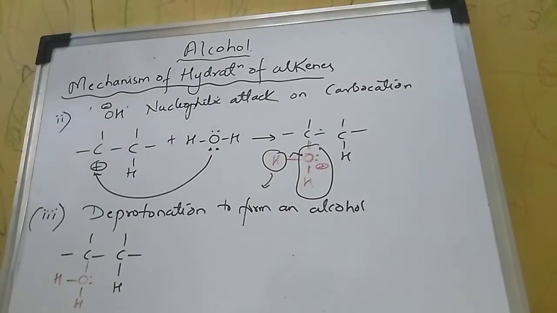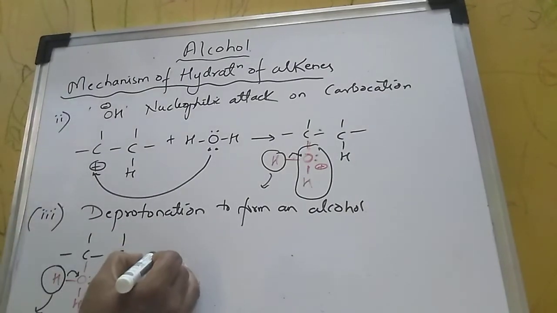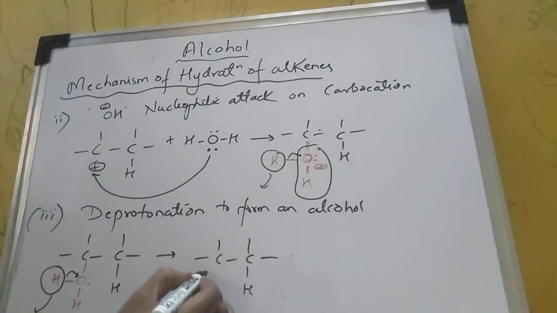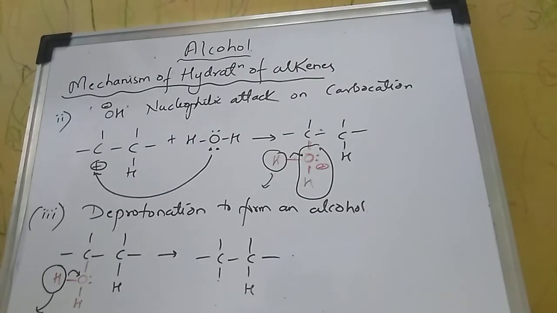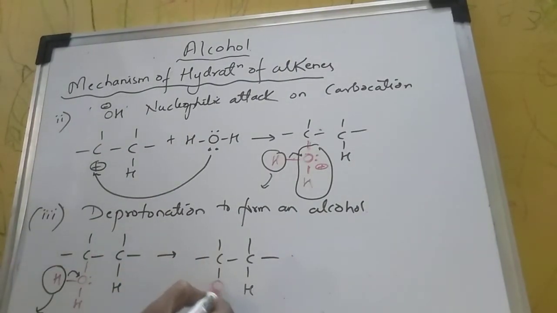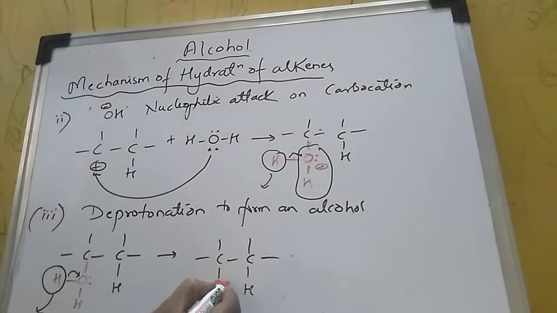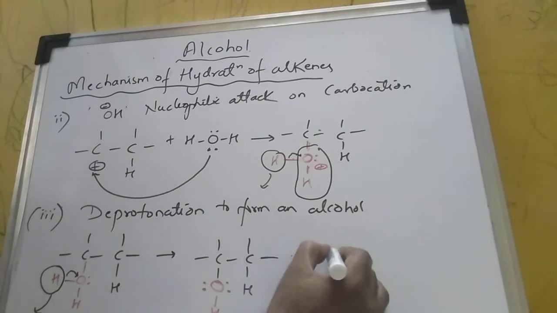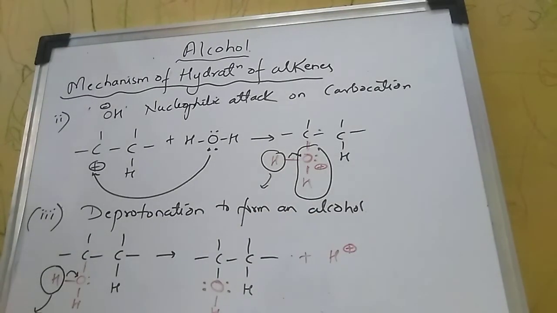So these electron pairs are taken back by the oxygen atom. This H loses out as H plus. So the product over here is this H as it is. The oxygen over here gets back its own lone pair, and the H is lost out as H plus.